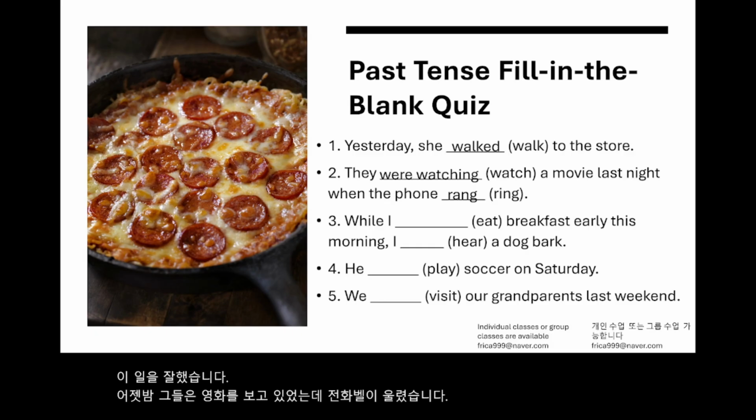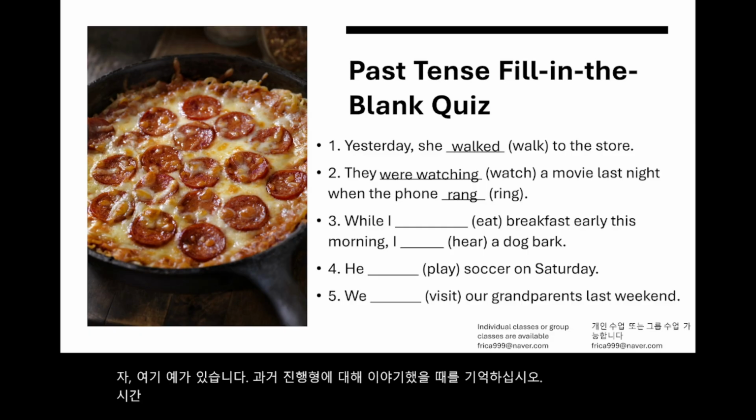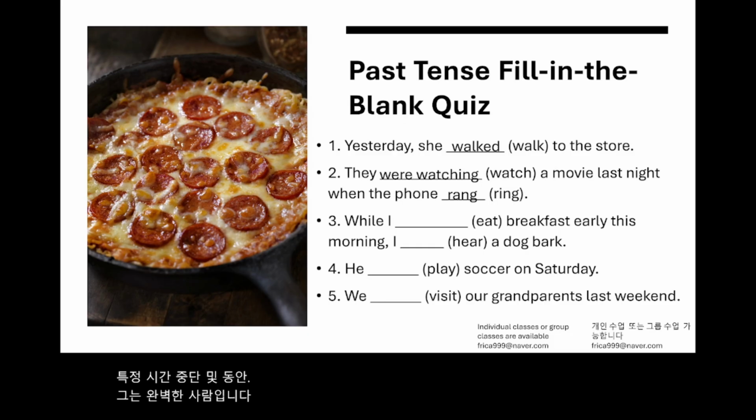Okay, here's an example. Remember when I was talking about past continuous, time specific, interruption, and while. Here's a perfect example. While I was eating breakfast early this morning, what did I hear? I heard a dog bark. You could also say I heard a dog barking, but that's a different form of continuous.